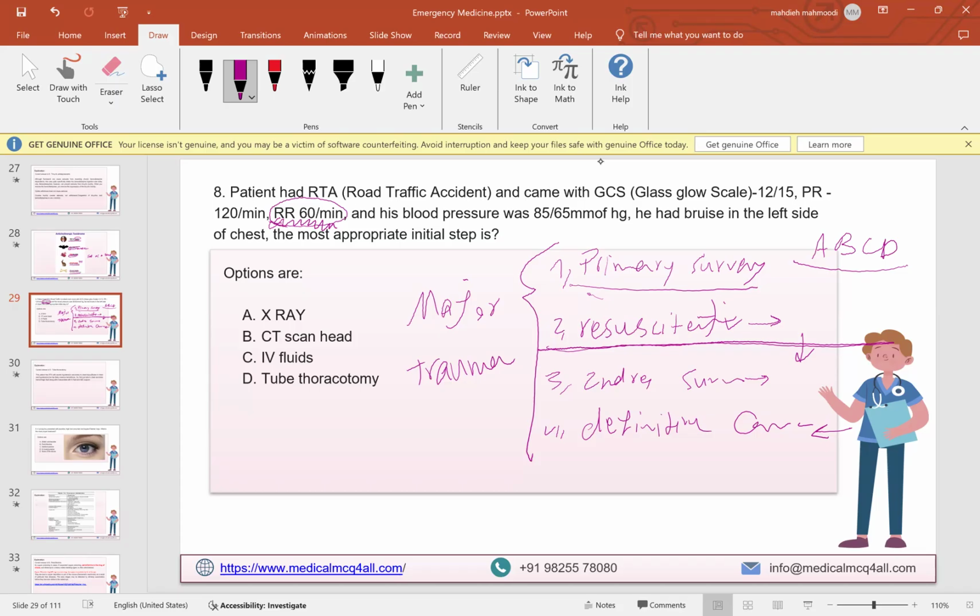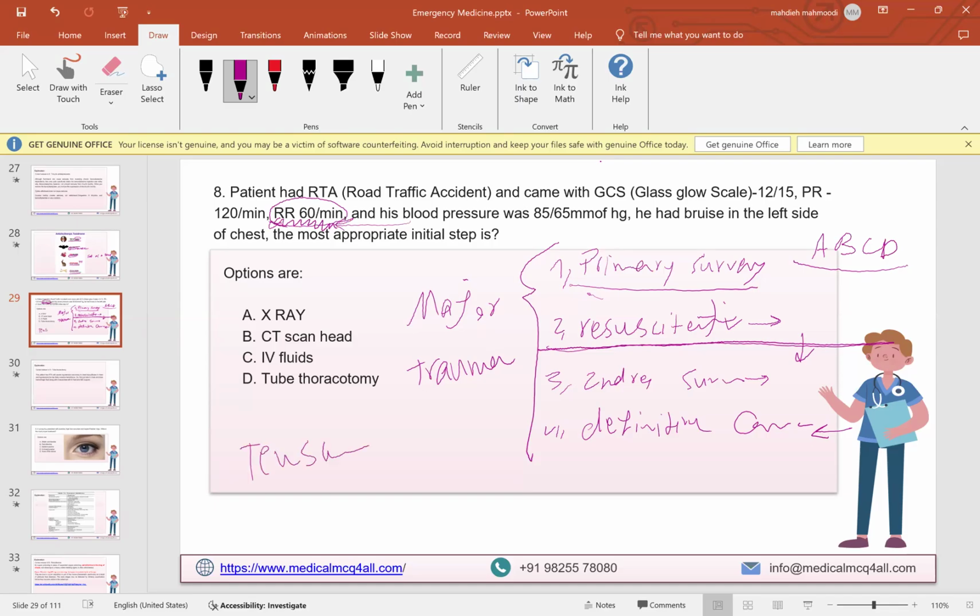So what you do is that, of course, you should give the patient IV fluids, and later, not now, in the secondary survey, when your patient is stable, you should send the patient for imaging. But what you do now is take care of the tension pneumothorax.